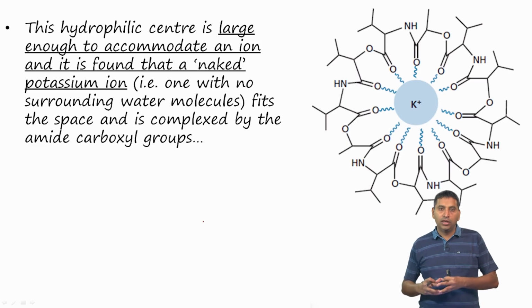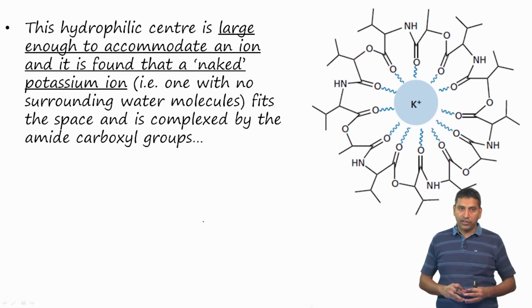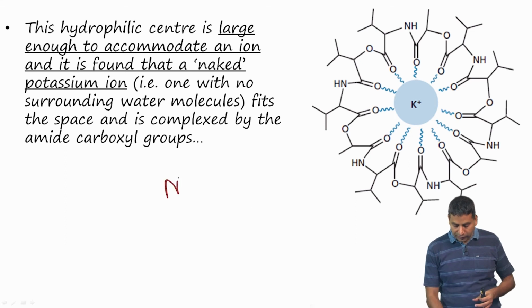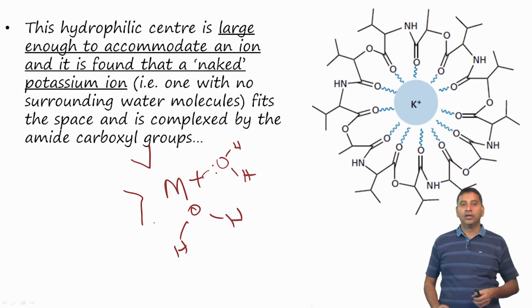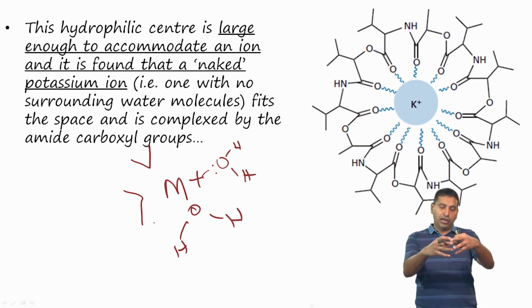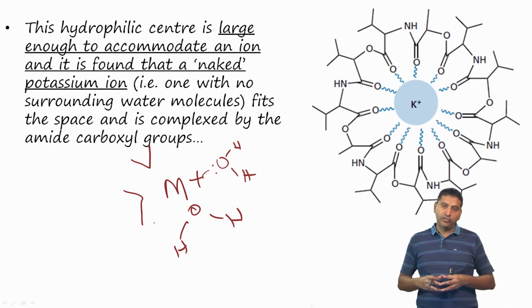As we know, any ion that is present inside the cell or inside solution, let us say M plus, is going to have water molecules around it. You have interactions over here, and a number of water molecules surrounding the ion. This is called hydration, and hydration is important because it stabilizes the positive charge on the species.